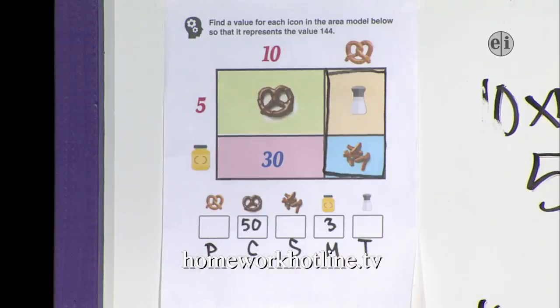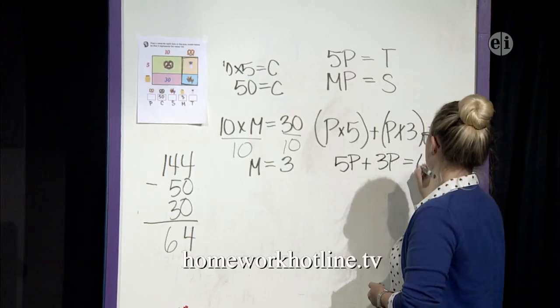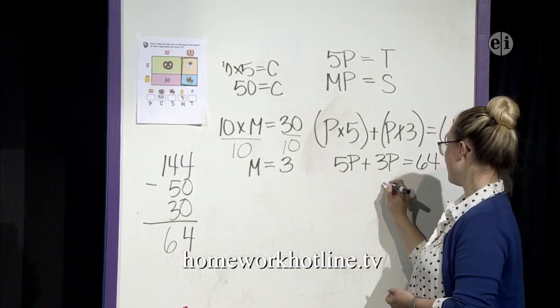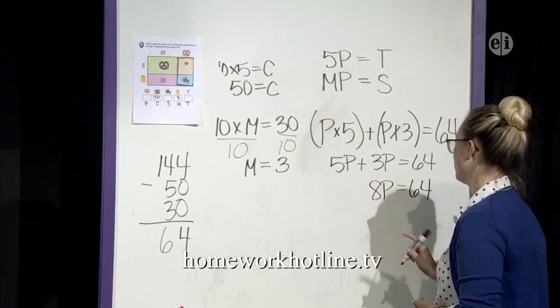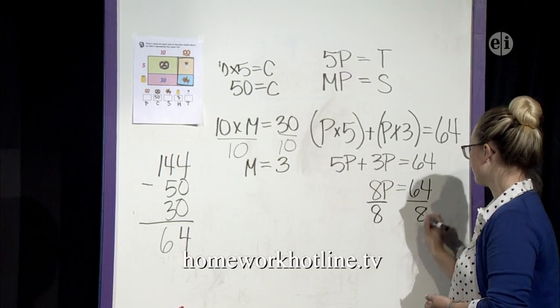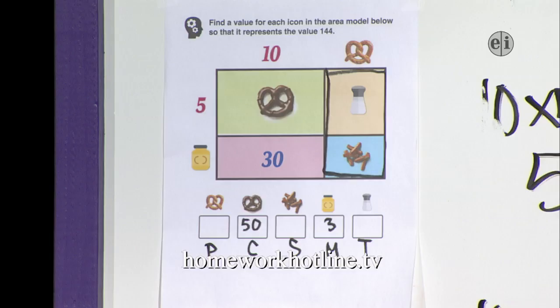So if we simplify this, we have 5p plus 3p equals 64. 5p plus 3p is 8p equals 64. We want to get the variable by itself, so we divide both sides by 8. So pretzel equals 8. Yes.